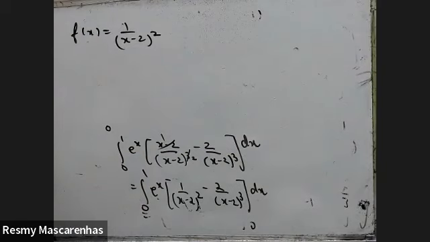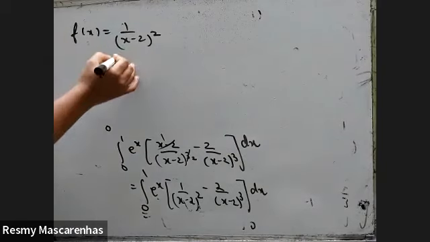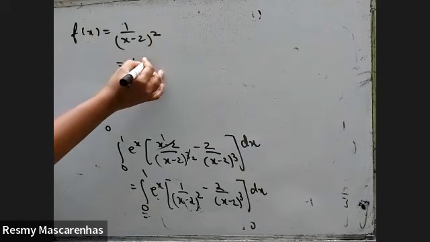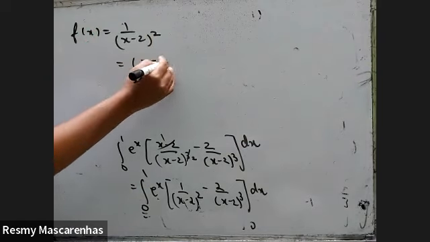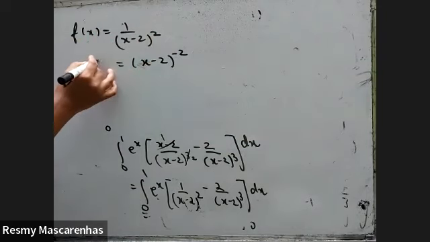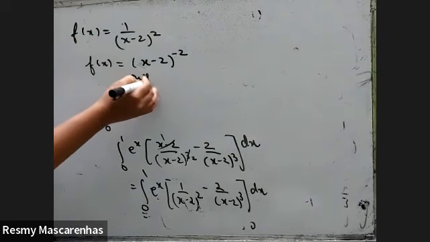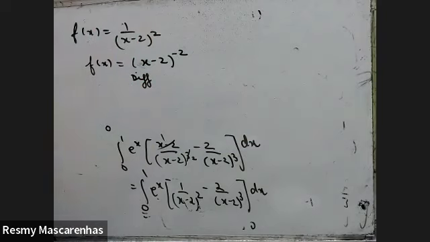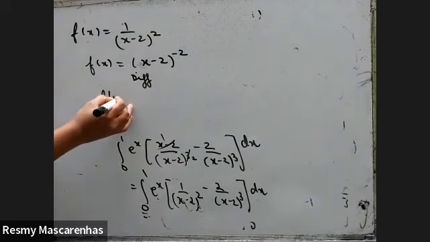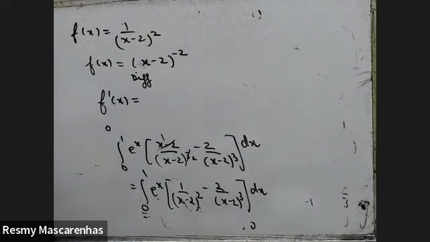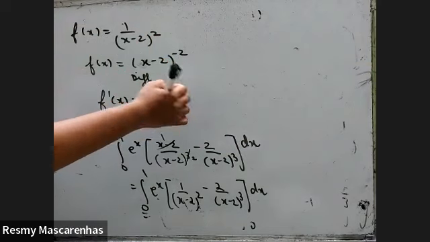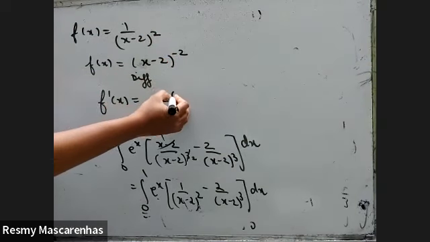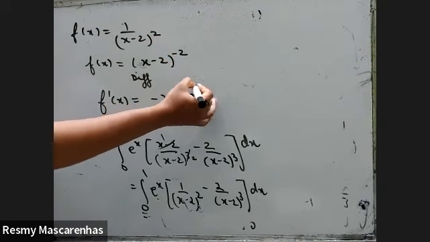So before finding the derivative, I'll take this on top, raised to minus 2. Now you differentiate. Let us find f dash of x. As per the x raised to n formula, the derivative of x raised to n is n x raised to n minus 1.